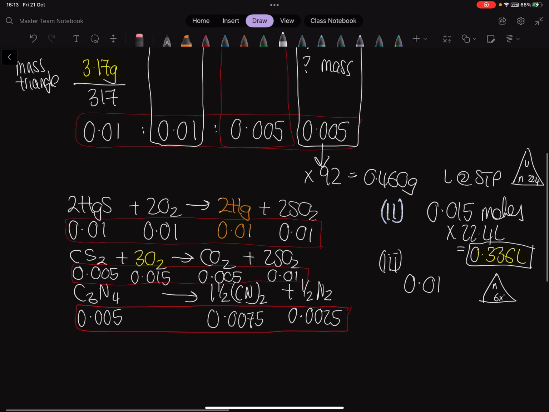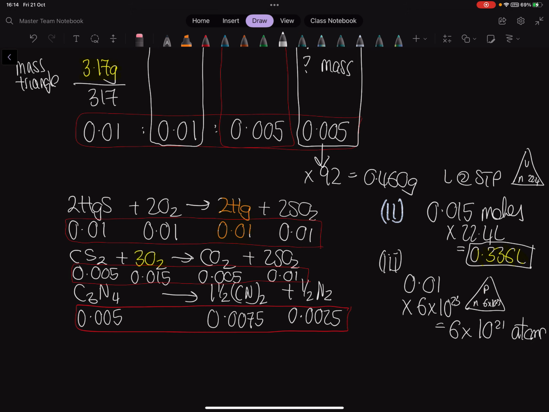So this is Avogadro, 6 by 10 to the 23. Did that wrong. So it is our particle triangle we're looking for. We're looking for moles, 6 by 10 to the 23. So we have our moles. I just need to multiply that by 6 by 10 to the 23. And when I do that, I get 6 by 10 to the 21. And mercury is already in atoms. So that is now my final answer.